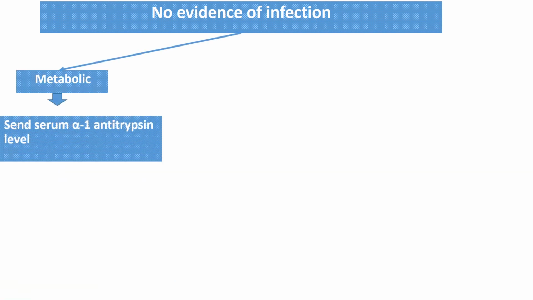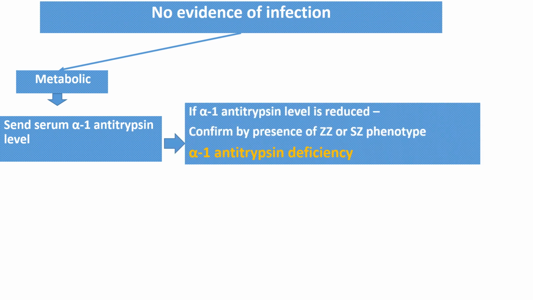And in metabolic, if you don't find galactosemia, tyrosinemia, hemochromatosis and fructosemia, then you have to send the serum alpha-1 antitrypsin level. If it is reduced, then confirm it by the presence of ZZ or SZ phenotype, which is characteristic of alpha-1 antitrypsin deficiency.